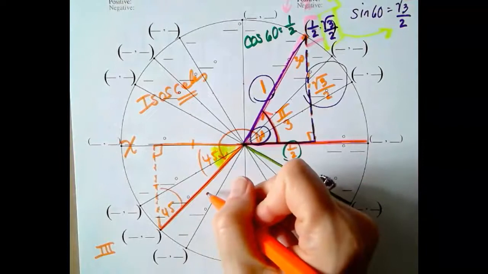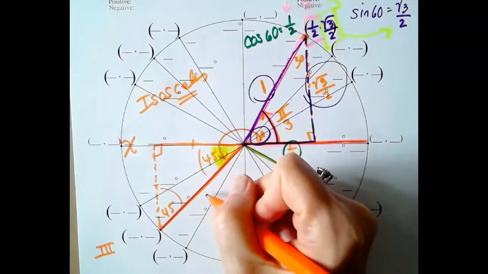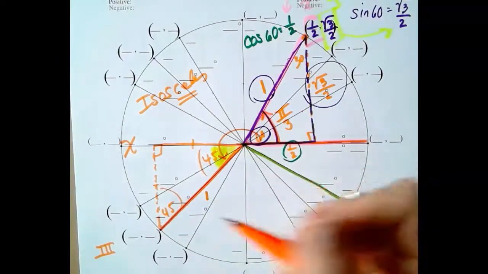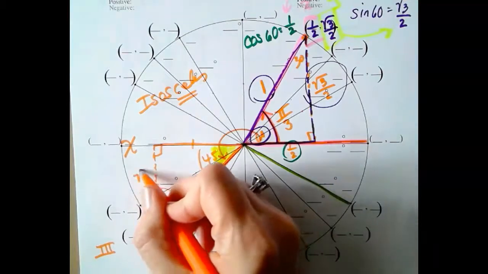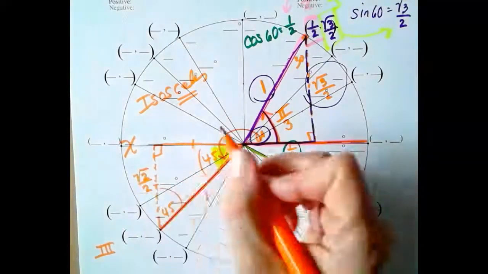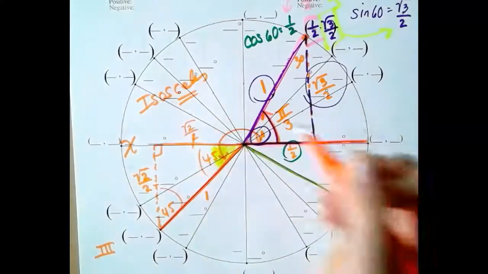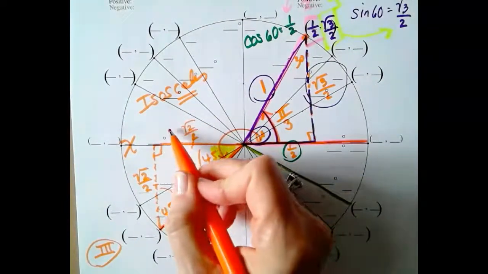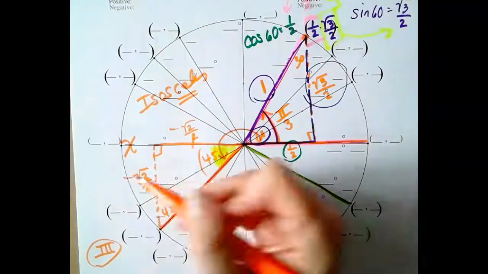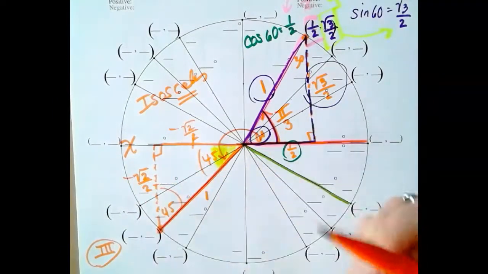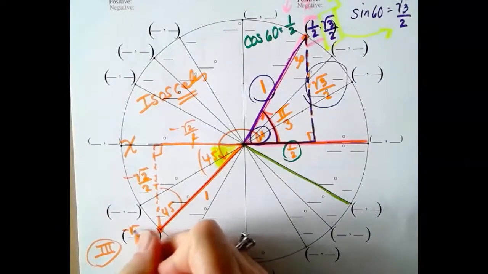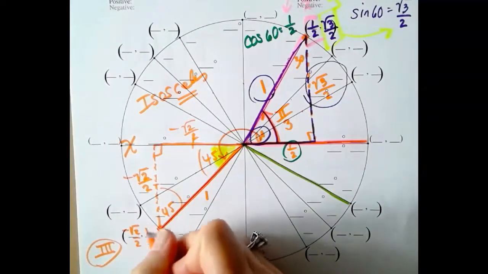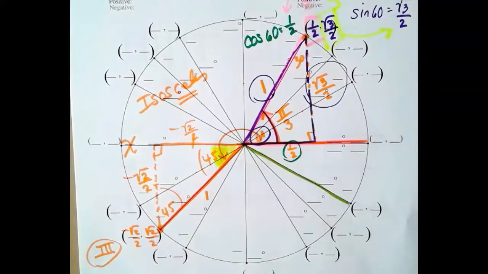Now, if the radius of our unit circle is equal to 1, that makes both of our side values root 2 over 2. But we're in quadrant 3, which means we're going back and down, which puts our coordinate right down there at negative root 2 over 2, negative root 2 over 2.